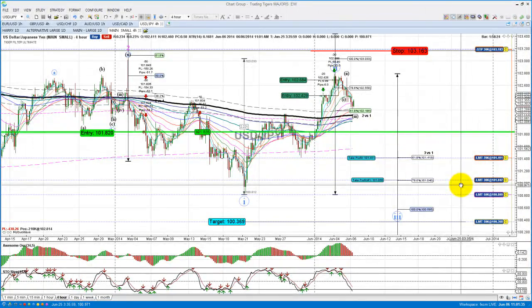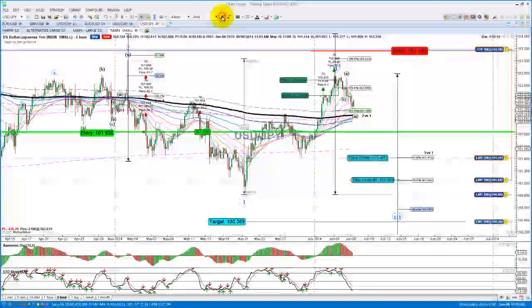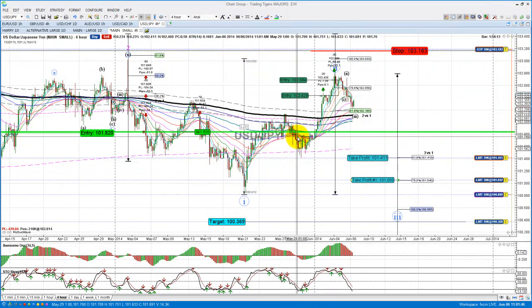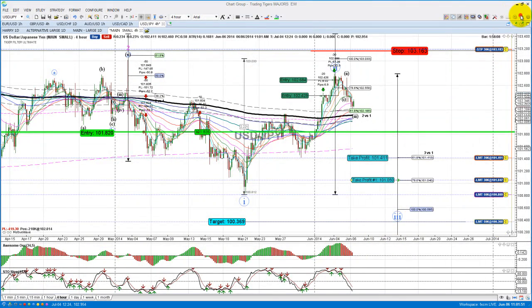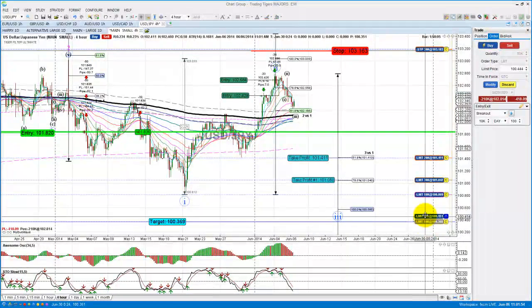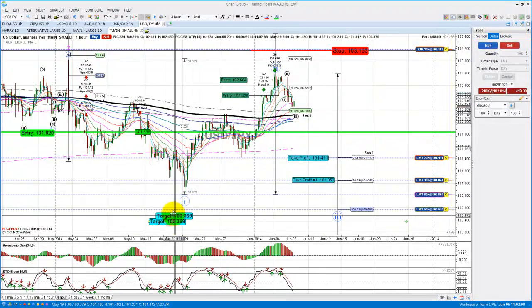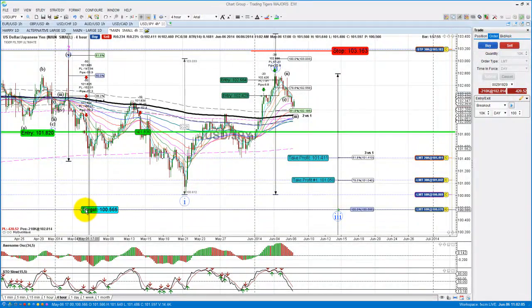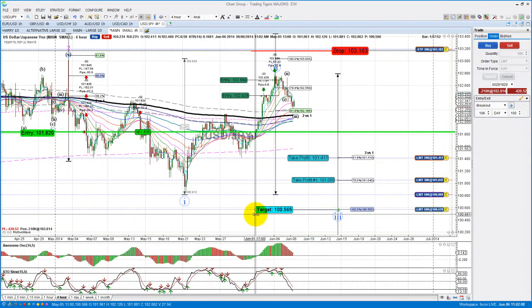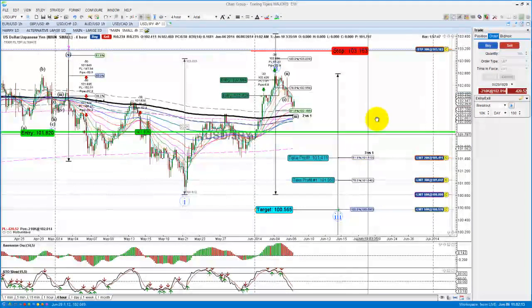Targets are 101.411, and second target 101.050. The ultimate target, we're going to have to move up as well because we just recently moved everything. Ultimate target for those particular options is 100.565.